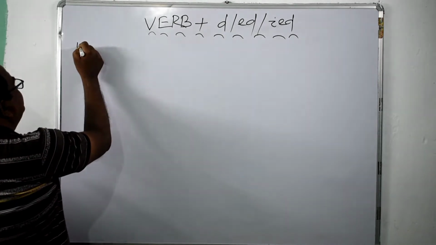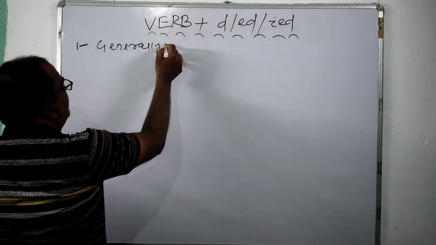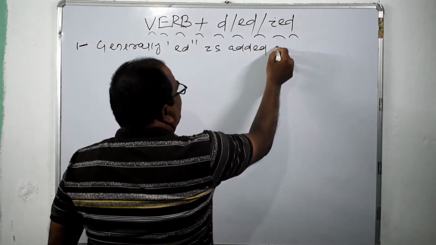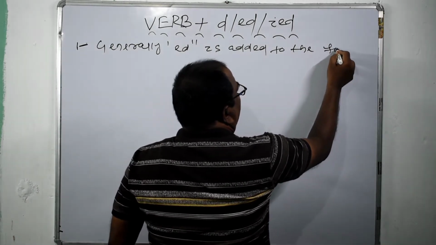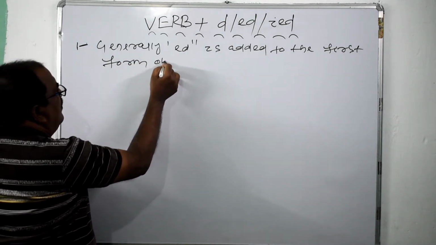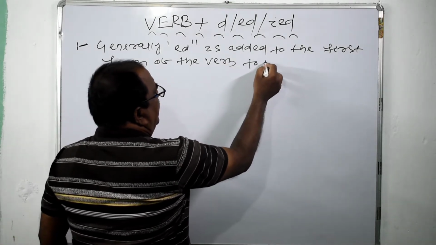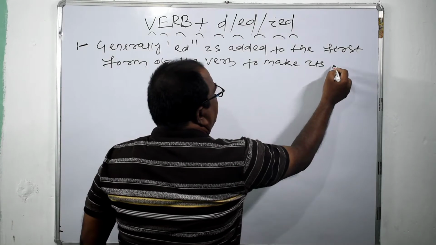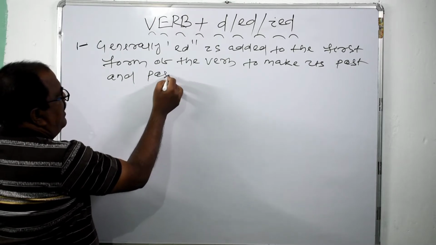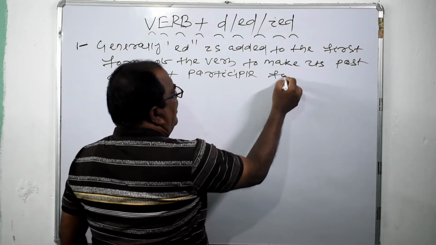Number one principle: generally, ed is added to the first form of the verb to make its past and past participle forms.